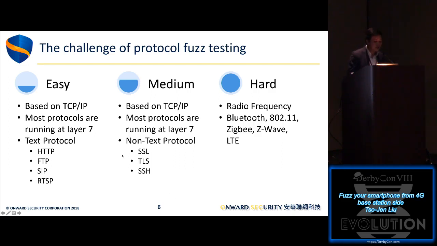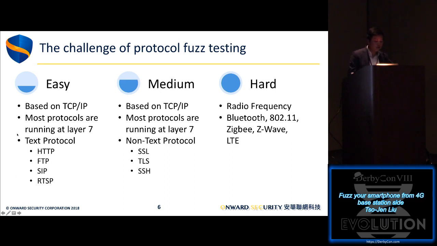For some protocols like SSL, TLS, and SSH, it is a little bit harder to build the fuzzer because these are non-text protocols. You have to do some work reading the RFC and spec to know how the protocol works and its structure.